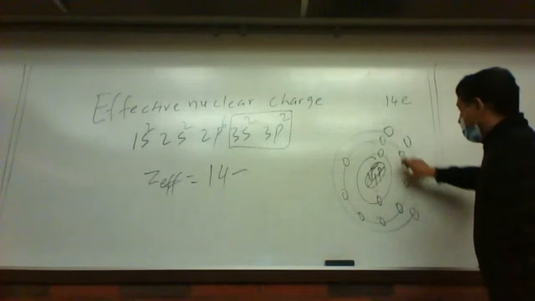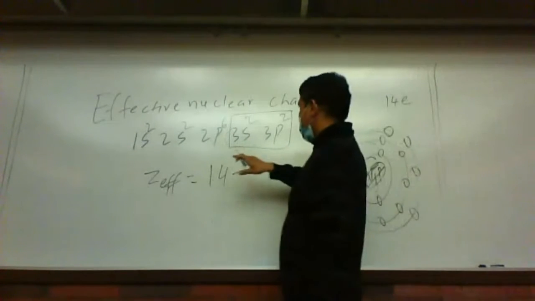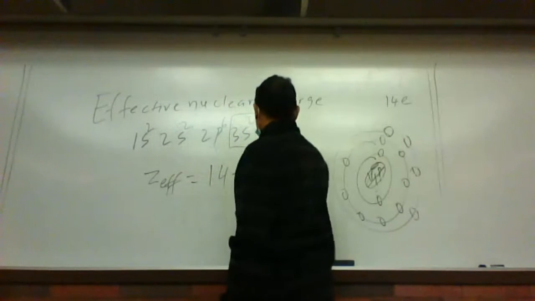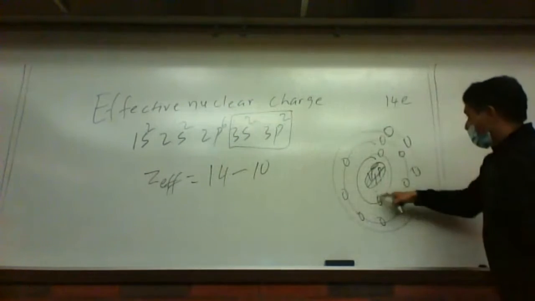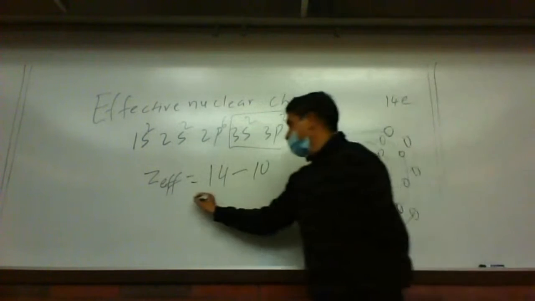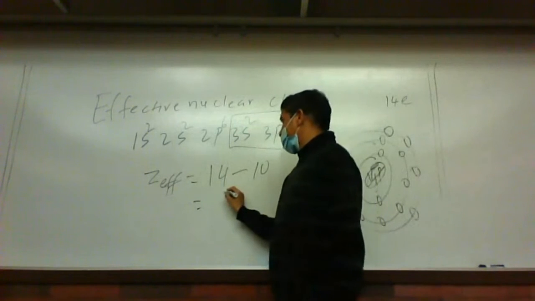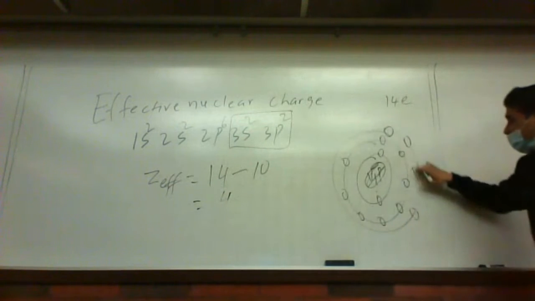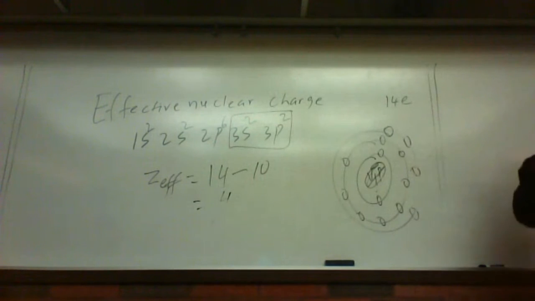Inside is 2, 8, so if you count, it's 10. So 14 minus 10 is 4. So the force experienced by the outermost electron of silicon is 4.